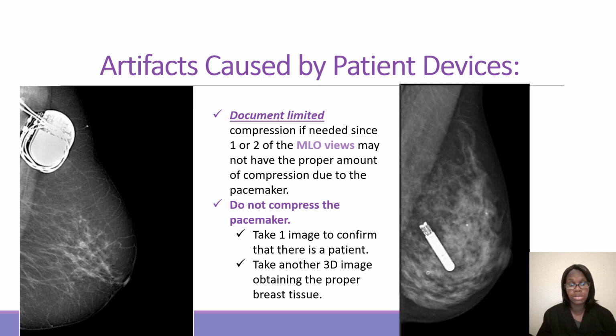Also, the picture that's on my left, but may be on your right side of the screen, that's a pacemaker. And the picture that's closer to me, which is on my right, that's a loop recorder. So if you don't know, a pacemaker is a small battery operated device that helps to regulate a slow or irregular heartbeat.